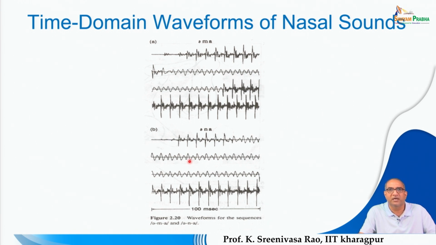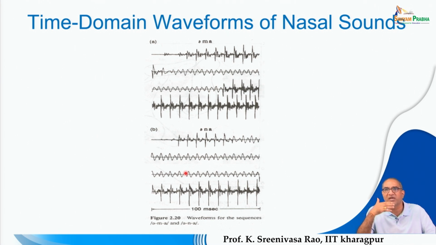You cannot make out which is M and which is Na, both appear to be similar, because for both M and Na the speech signal is released through the nostrils, which means the entire nasal cavity is contributing. For both of them the same nasal cavity is contributing, the only difference is where the oral cavity is blocked or closed.